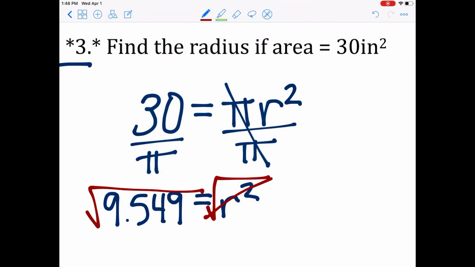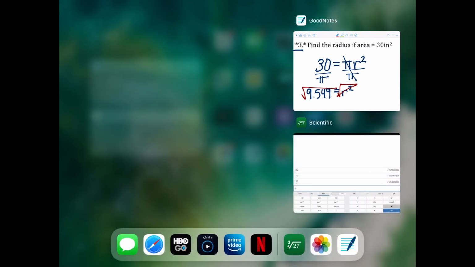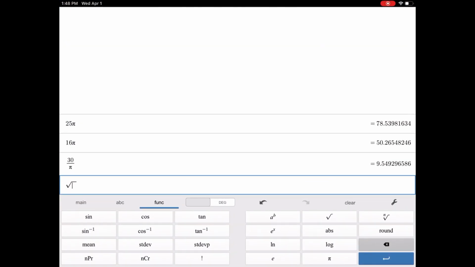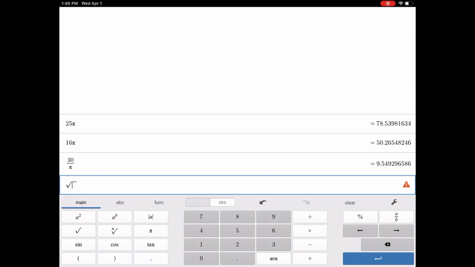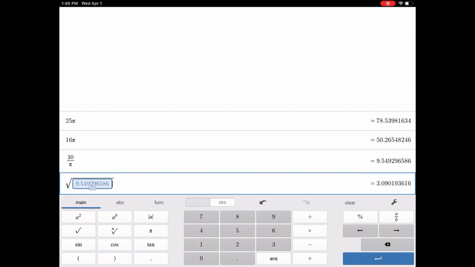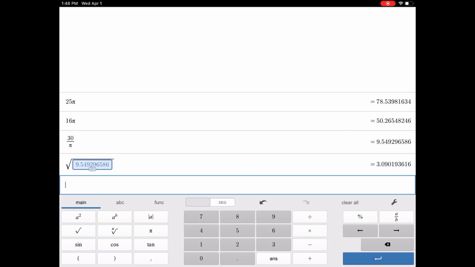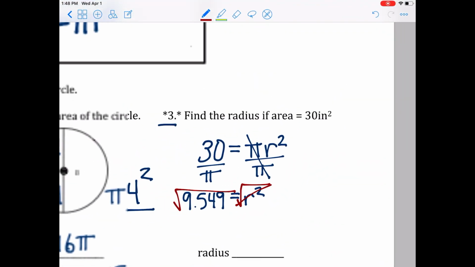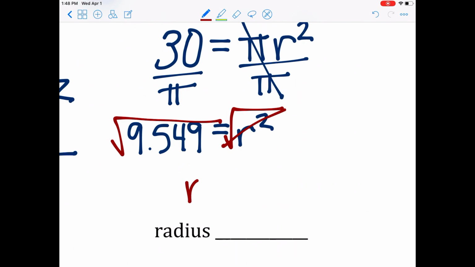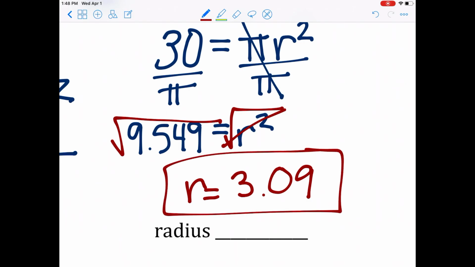So we're going to square root the left side as well. So I'm going to find my square root button, and I'm actually just going to type in the answer key because that will copy that in there. And we get 3.090. So we're just going to write r is equal to 3.09. And there's our radius.